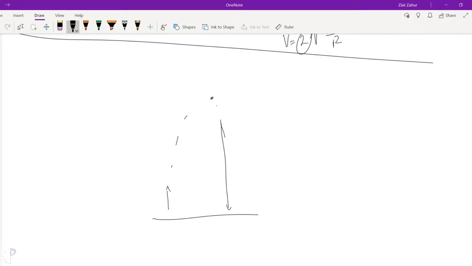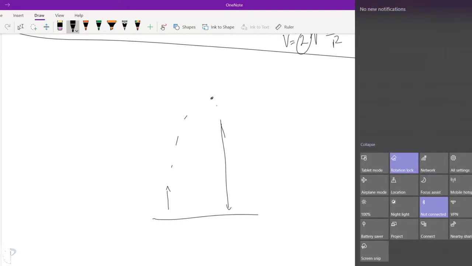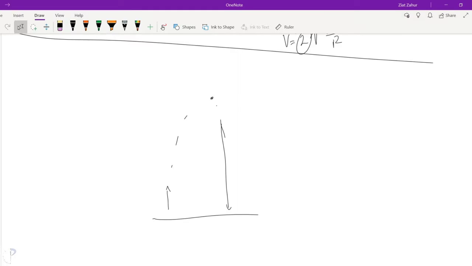The rocket was launched at initial speed v0. So we can get to maximum height. Maximum height was h. It just says maximum height at t1, so it takes t1 amount of time to reach max height.